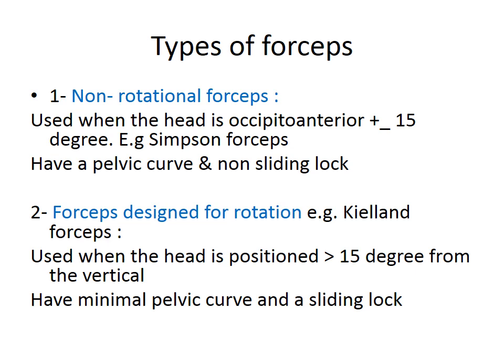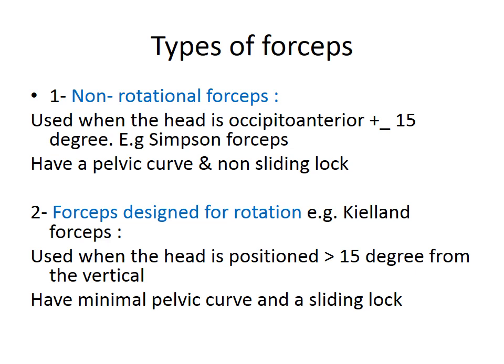So this has a pelvic curve and a non-sliding lock, while the rotational forceps, and as I mentioned to you, the most famous example of this type is the Kielland one, is used for rotating the fetal head when it is positioned more than 15 degrees from the vertical.